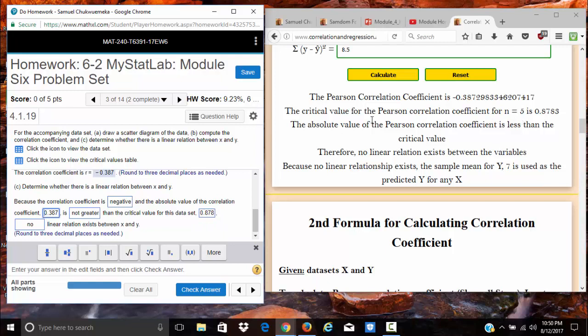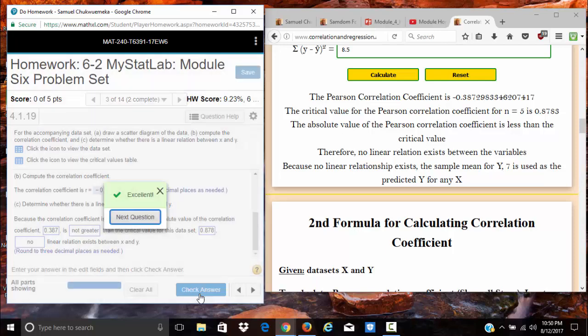The critical value for a sample size of 5 is 0.878. Therefore, no relation exists between x and y.